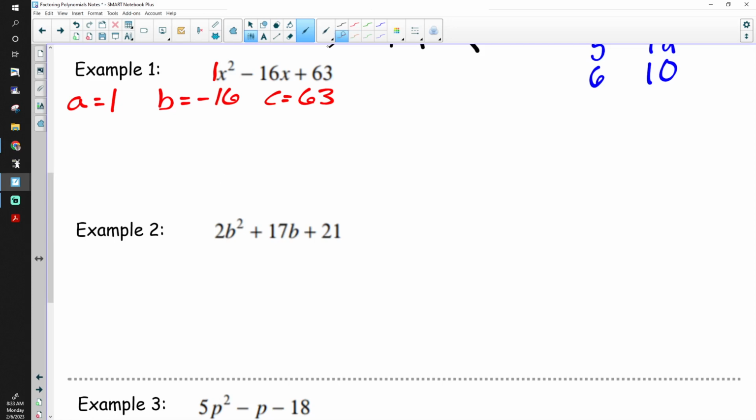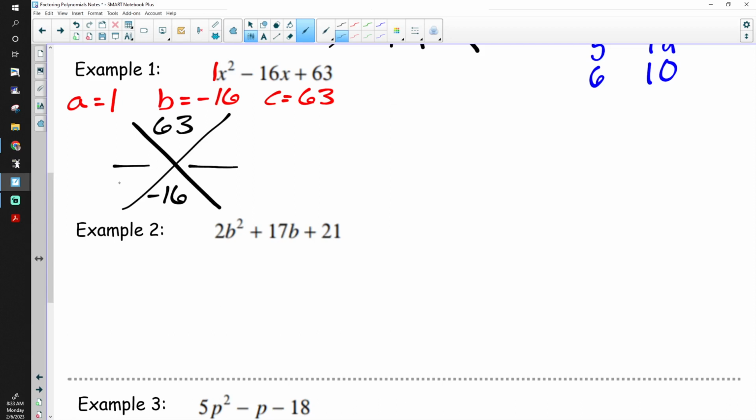So we draw our X. Up on the top, we have a times c: 1 times 63, 63. Our b value goes on the bottom, negative 16. And we're going to divide both sides by a.